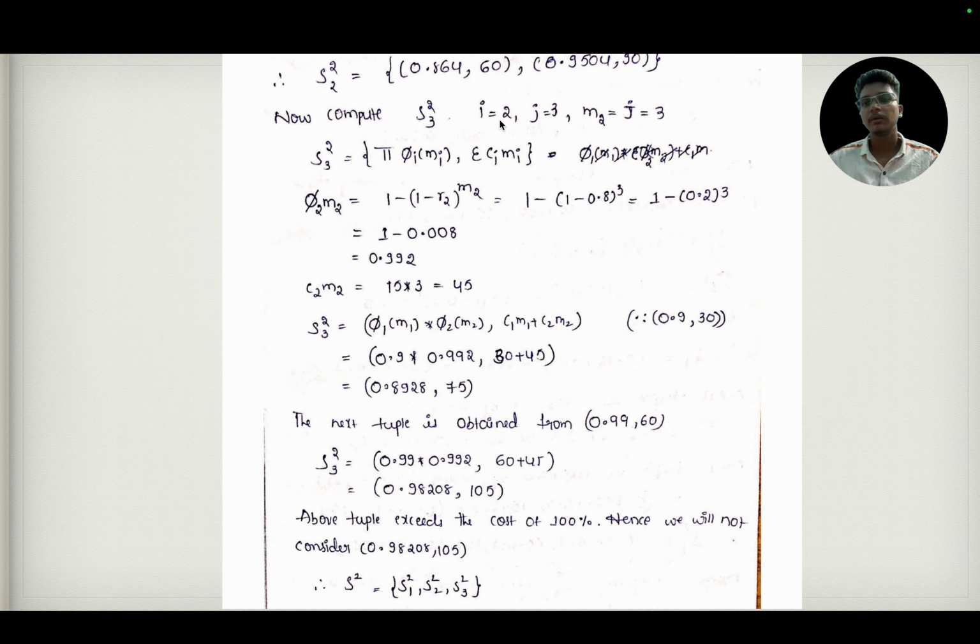We'll go for the third m value, and here for S3 of the square we get 0.992, and 15 into 3, where 3 is the previous value.